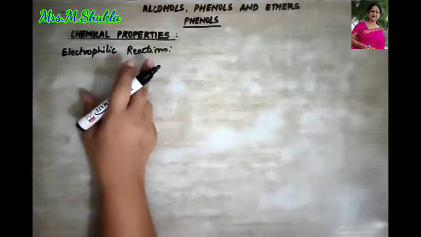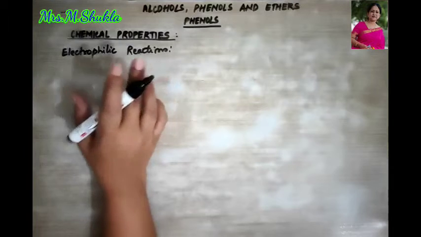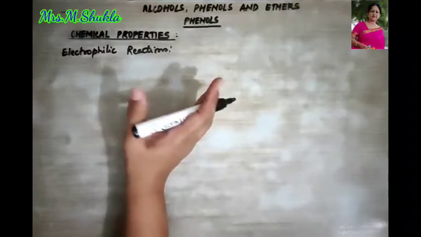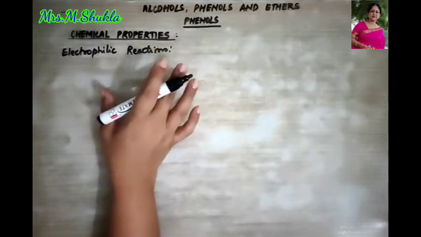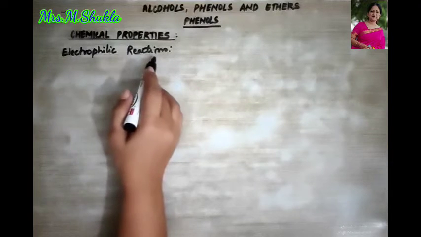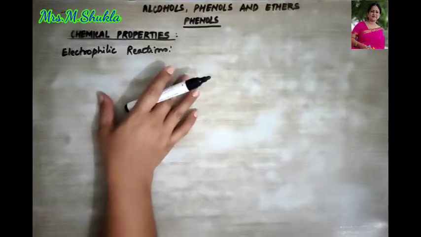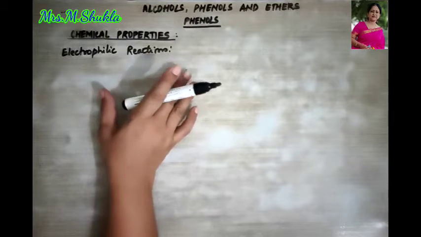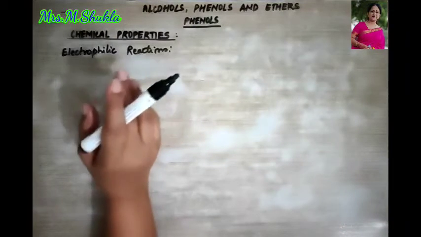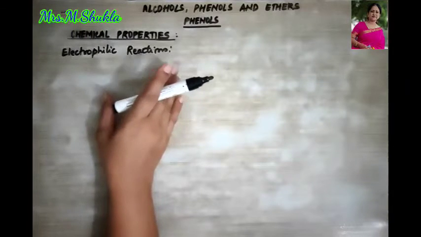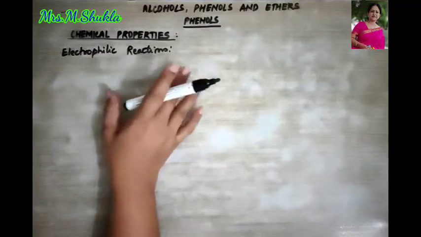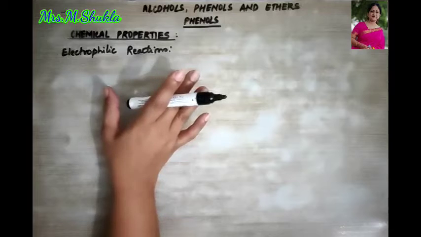The hydroxyl group present in phenol is an ortho or para-directing group, right? Therefore, phenols undergo these electrophilic reactions. And what are those electrophilic reactions that we have to study over here? For example, halogenation, nitration, sulfonation, bromination, and so on, right?